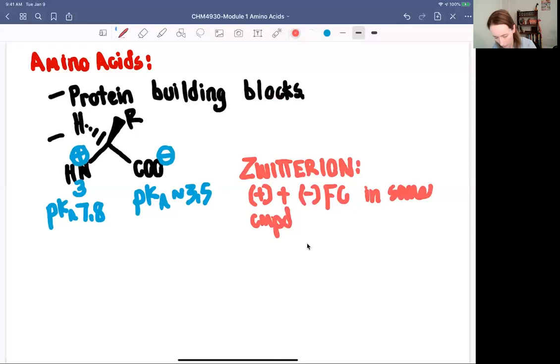And so we'll add that to our bullet point list here about things that we need to keep in mind related to amino acids. And that is that the chiral amino acids are all the L configuration.